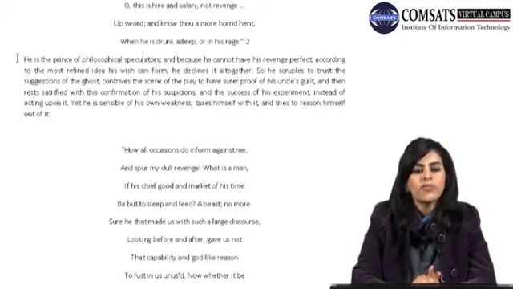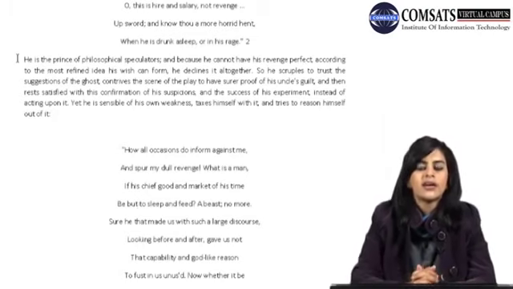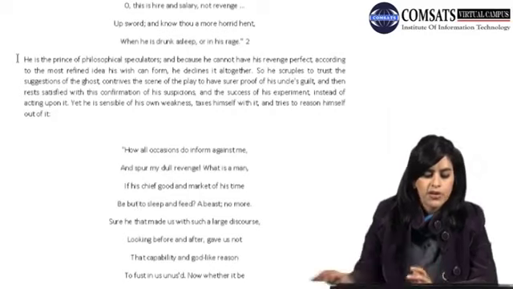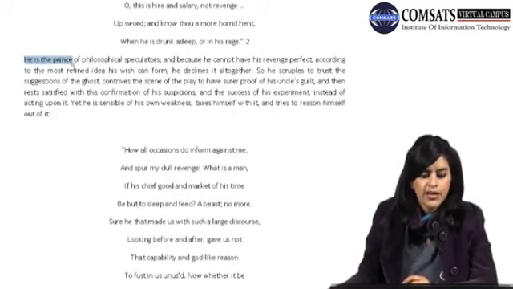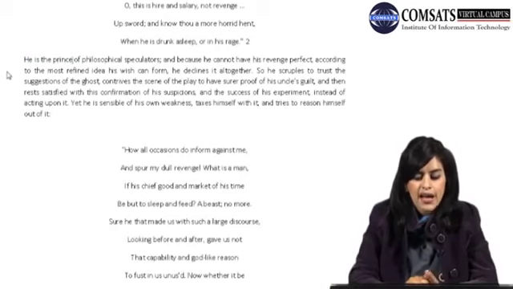Now particularly reading from the lines that have been taken from the text, let's try to read from the texts that are related and that try to link the text together. Now reading from here, he is the prince of philosophical speculators, and because he cannot have the revenge perfect according to the most refined idea his wish can form, he declines it altogether.